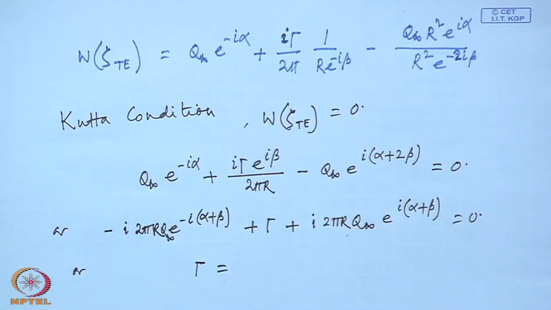Look at that first and last term, both of them are nearly the same. One is multiplied by e to the power minus i alpha plus beta, the other one is e to the power plus i alpha plus beta. So, either the cos or the sin will get cancelled. Which one? One of them is multiplied by minus i, the other one by plus i.